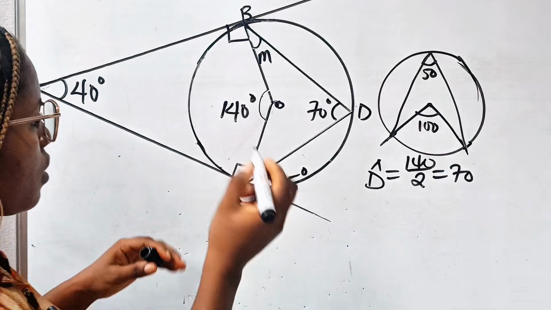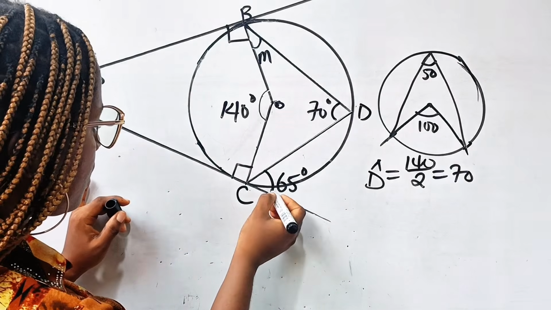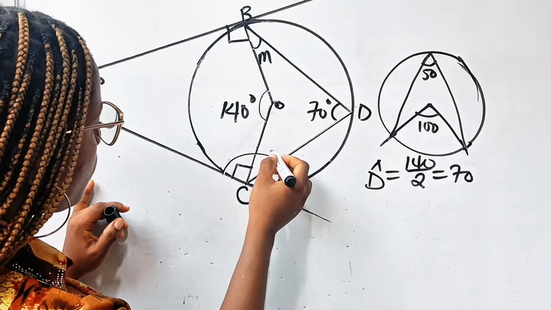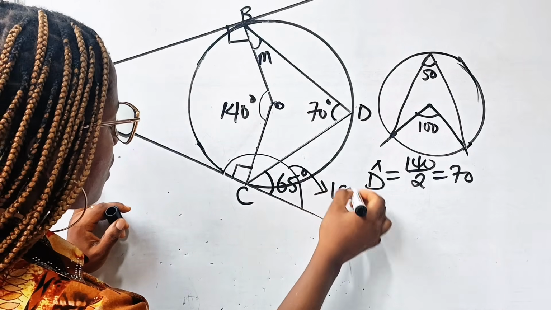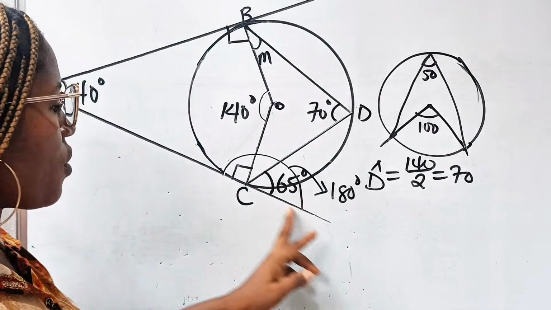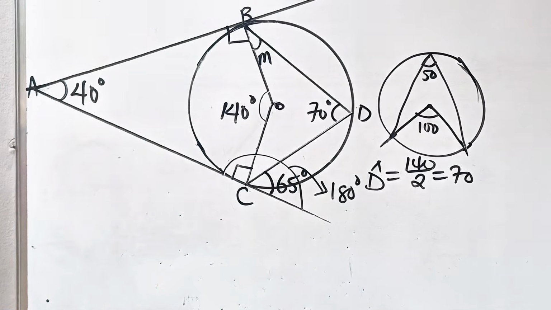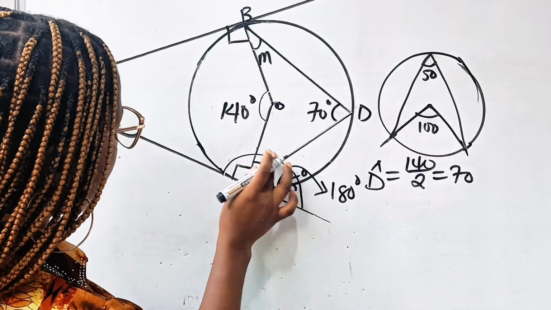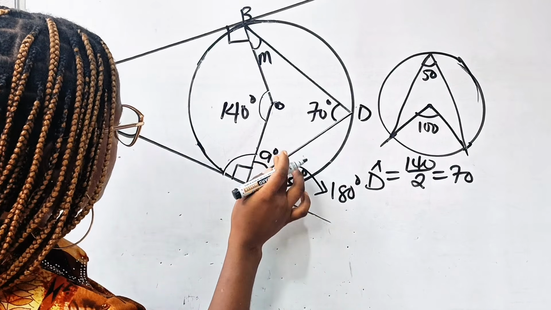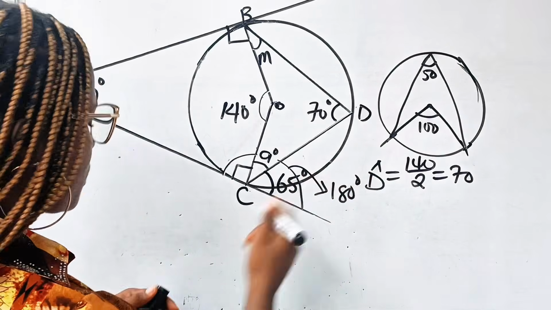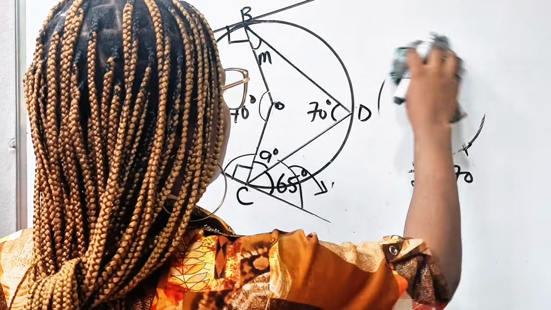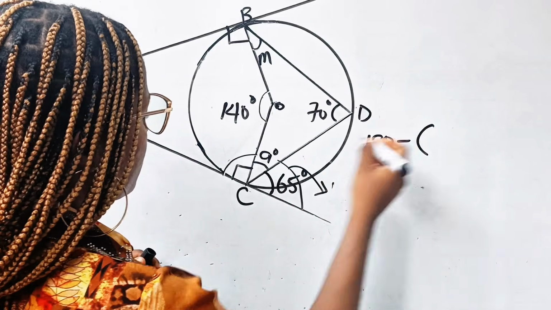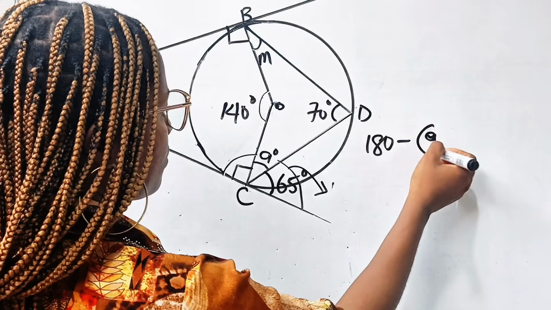All right. If we look at this from here to here, it is 180 degrees, that is angle on a straight line. So if I call this particular angle here A degrees, to get A degrees, we are going to have 180 minus 90 plus 65.